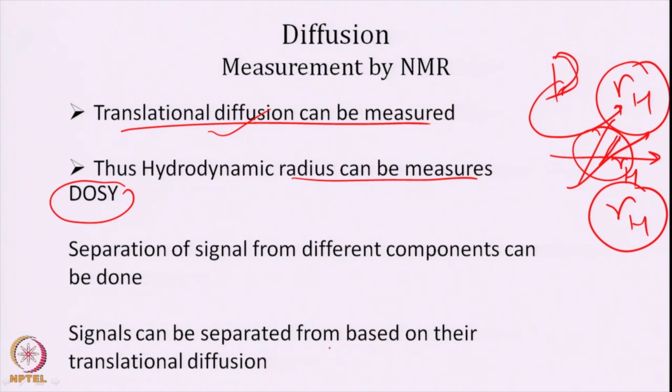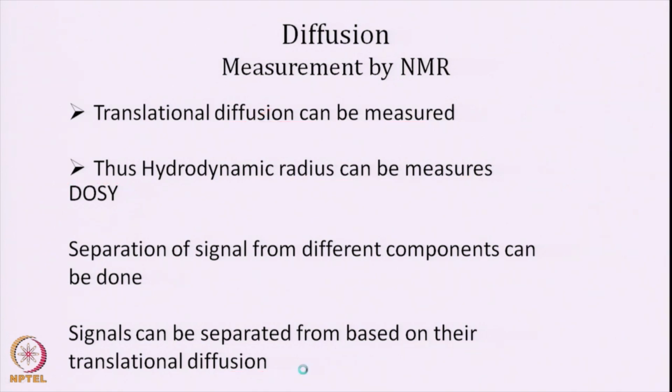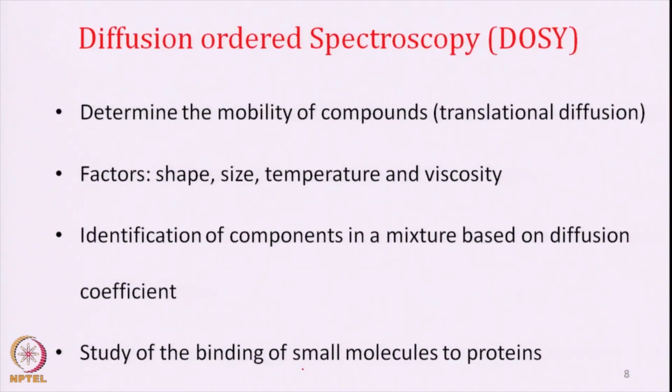So, signals can be separated based on their translational diffusion, and that can also be correlated with the chemical shift of each individual compound, and that is how one can use it. DOSY basically determines the mobility of the compound, how fast or how slow they diffuse, but this diffusion rate of these molecules varies on the basis of shape.